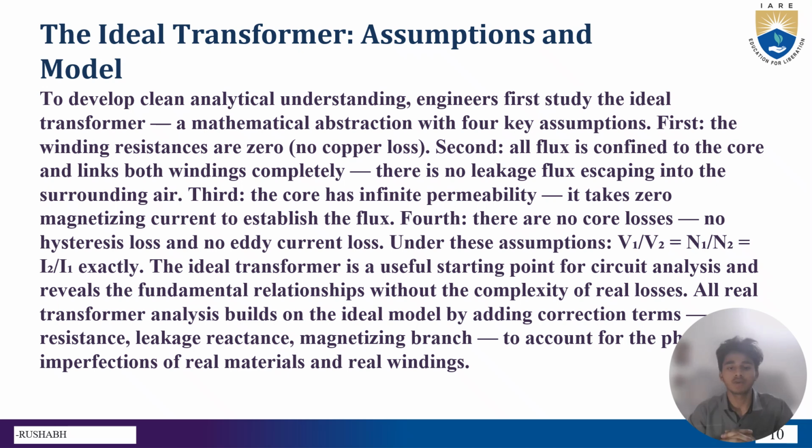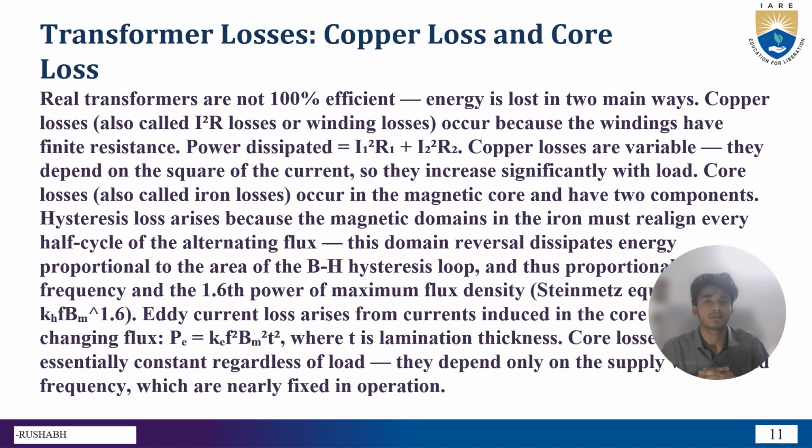All real transformer analysis builds on the ideal model by adding correction terms: resistance, leakage reactance, and a magnetizing branch to account for the physical imperfections of real material and real windings.